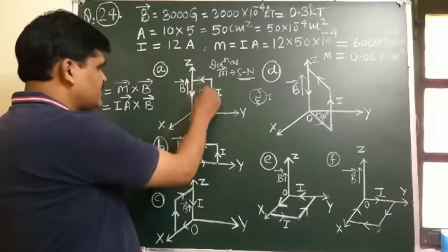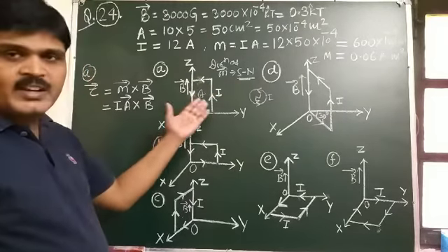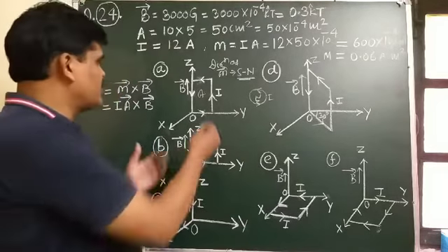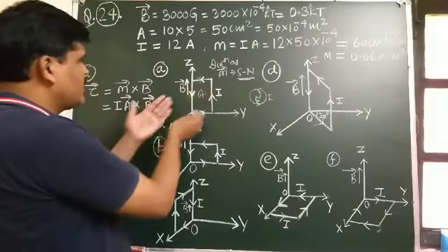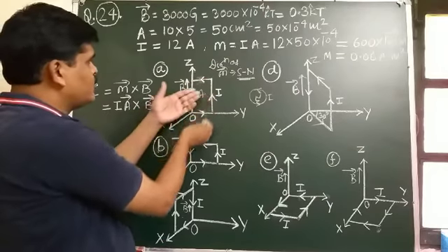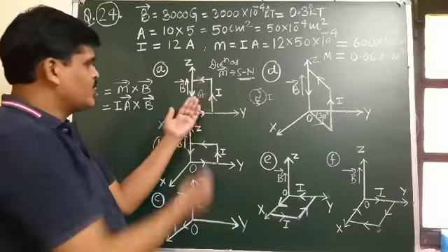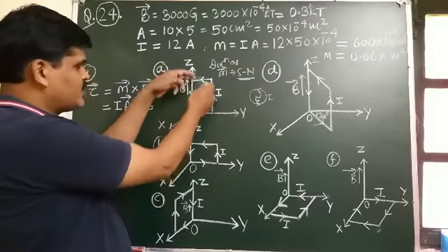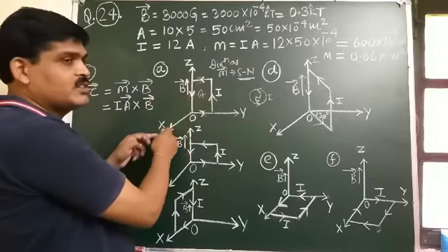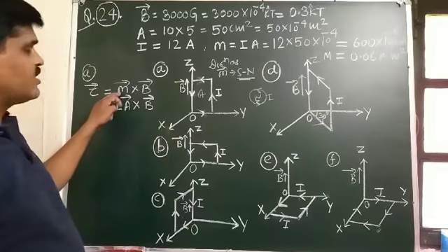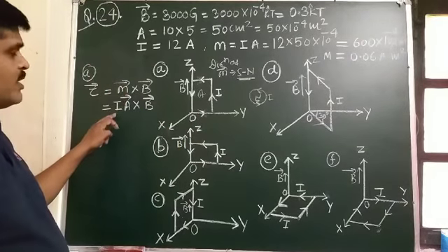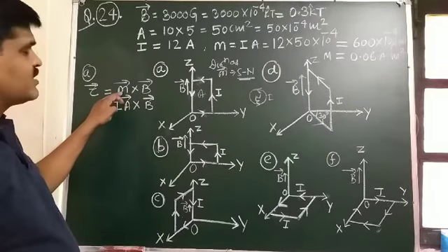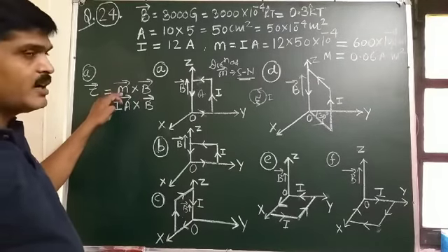Suppose this is the area, and you know the direction of the area vector is the outward drawn normal. Because this rectangular loop is kept in the YZ plane, the outward drawn normal to this plane is towards the x-axis. And you know that m is I times the area vector, so the direction of the area vector is the same as the direction of the magnetic dipole moment.